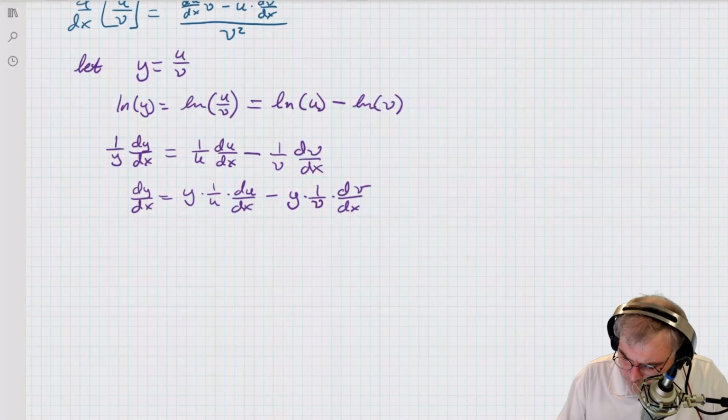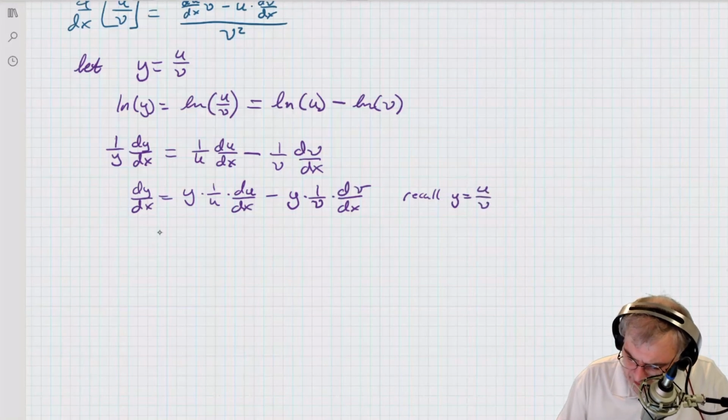Well, I just sub back in. So recall y equals u over v. And I wind up with the following. I've got u over v times 1 over u times du over dx minus u over v times 1 over v times dv over dx.